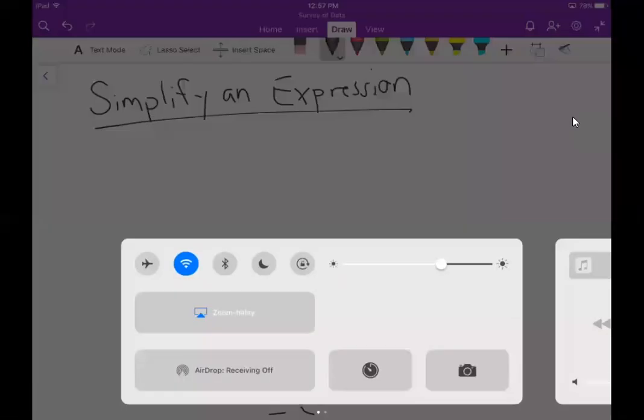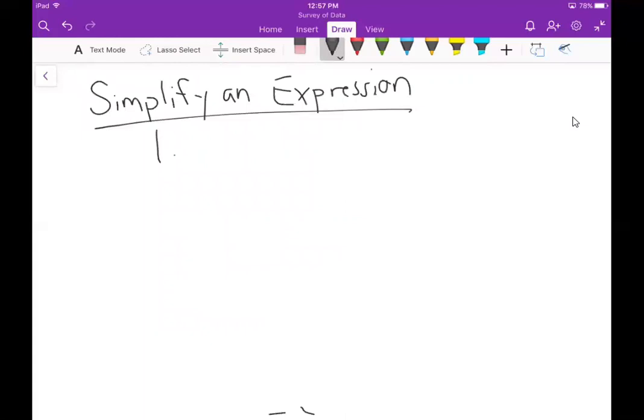So to simplify an expression, the first thing you want to do is remove all those parentheses. That's why we worked on those first few, to understand when we can just drop them and when we have to use the distributive law to get rid of them. Okay, the first thing you're going to do is remove all parentheses by applying those laws that we looked at.